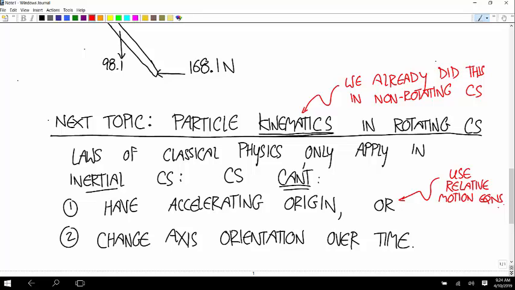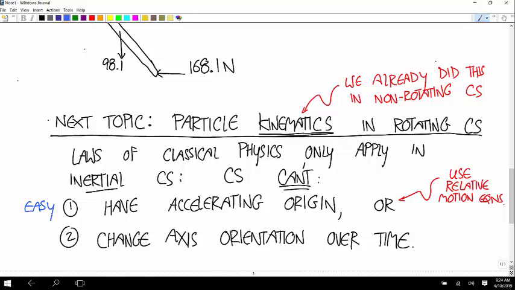You use the fact that the acceleration of the object relative to the ground, an inertial coordinate system, is equal to the acceleration of the object relative to your accelerating one, plus the acceleration of your origin relative to the ground. And so this one's pretty easy.